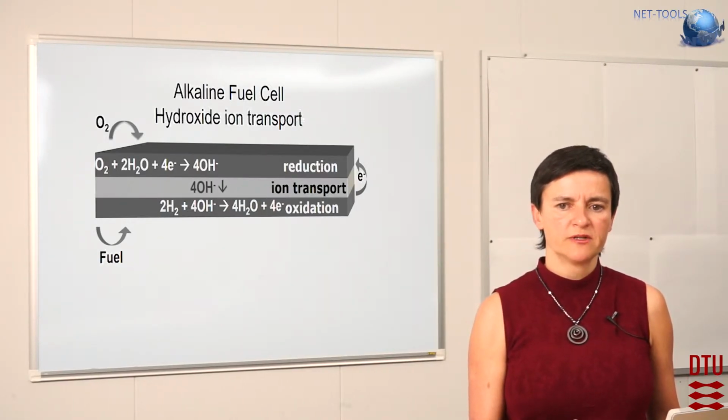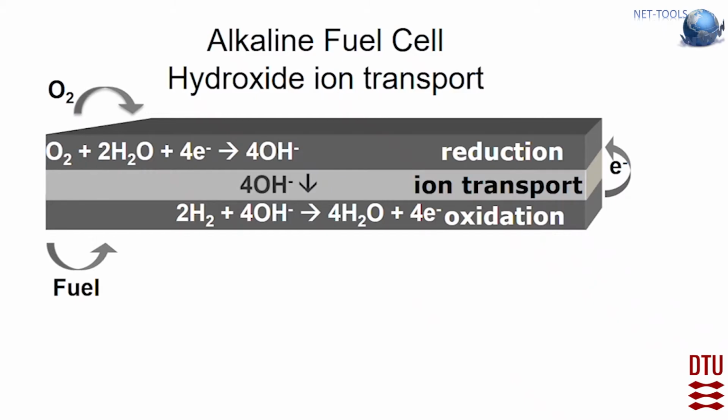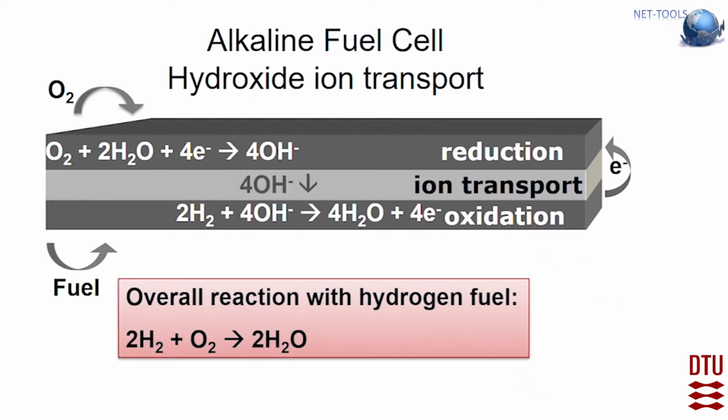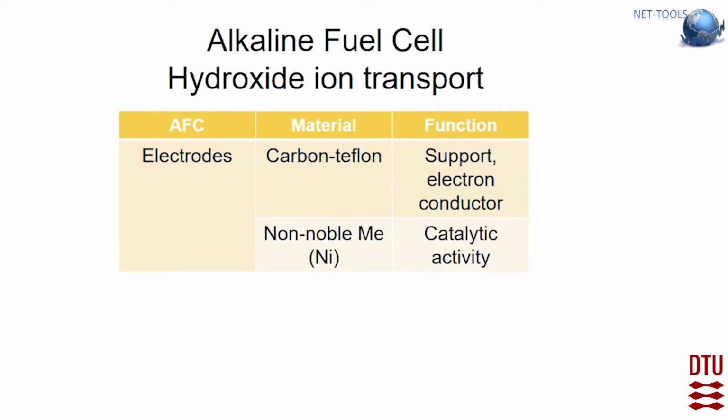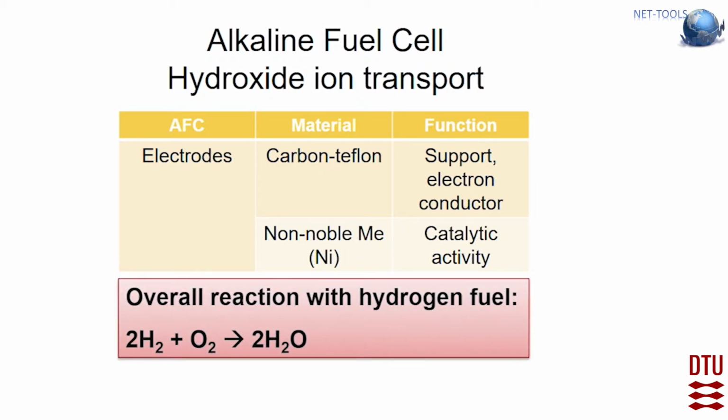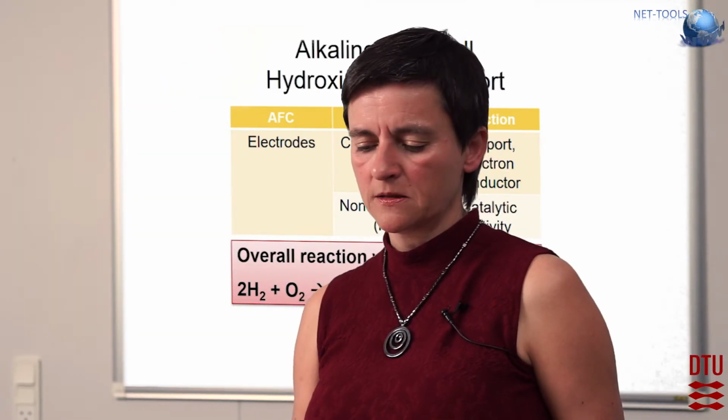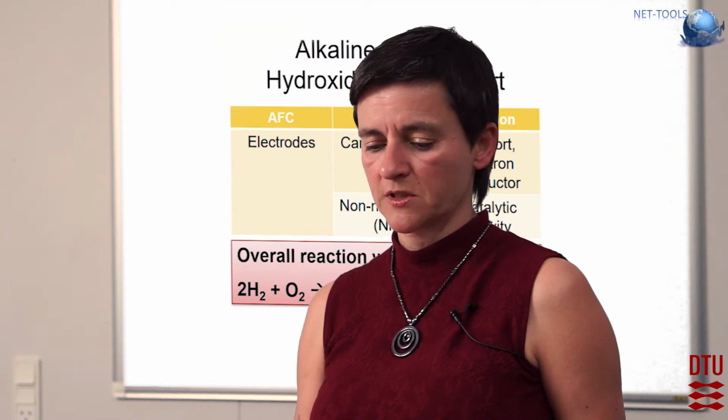So they are the traveling species through the electrolyte. The overall reaction is the well-known reaction of hydrogen and oxygen to give steam. The typical materials involved in alkaline fuel cells are shown here. We have on the electrode side carbon Teflon materials and not noble metals as catalytic active parts.